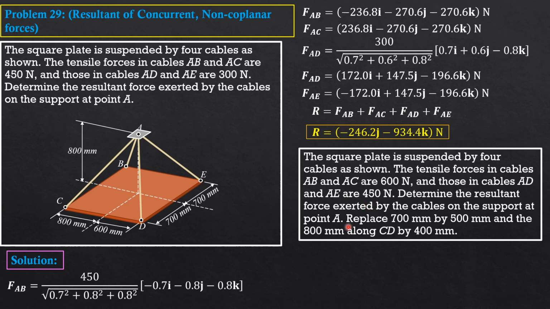Determine the resultant force exerted by the cables on the support at point A. And this time replace this 700 mm here by 500 mm, and the 800 mm along CD remains 800 mm, but 400. So that 400 plus 600 is 1000 mm, 500 plus 500 is 1000 mm. So it remains a square plate, and show that this is the resultant.